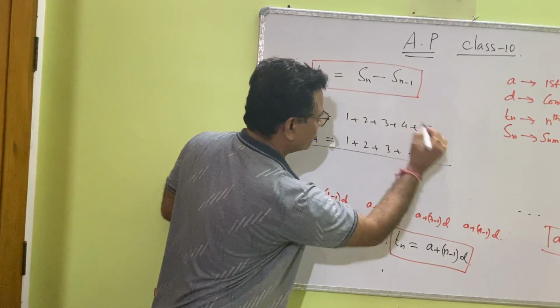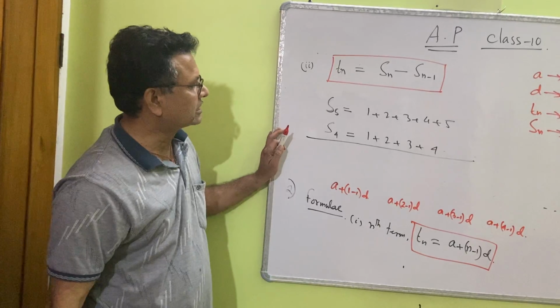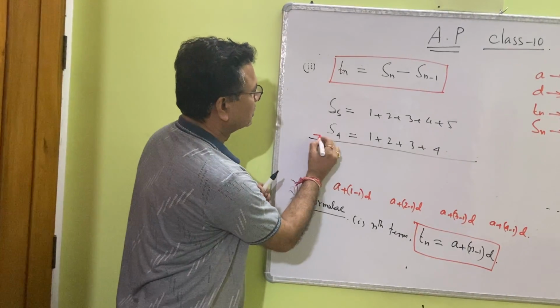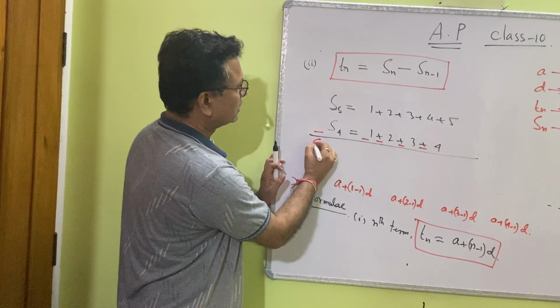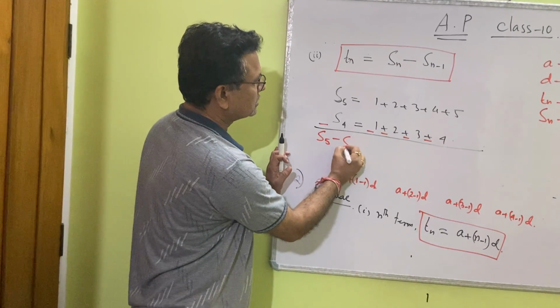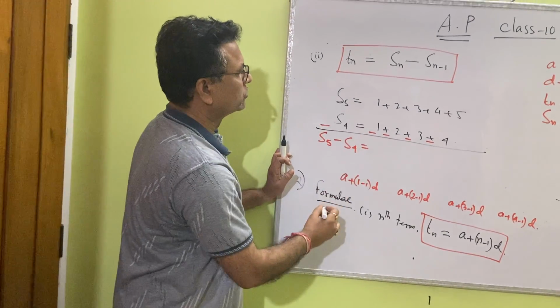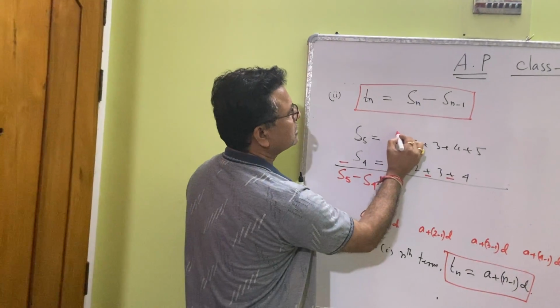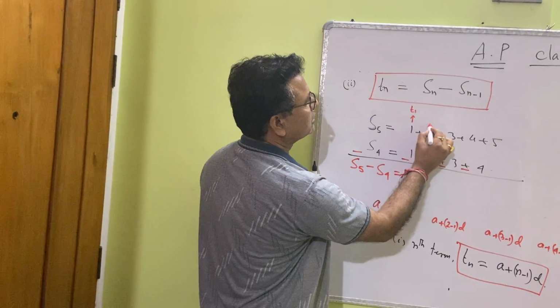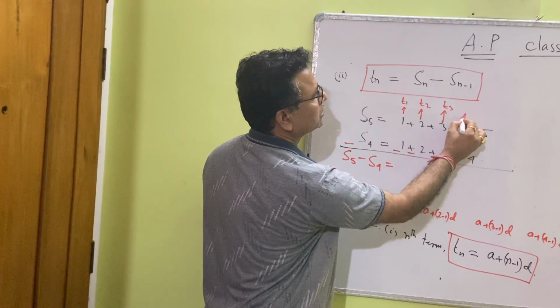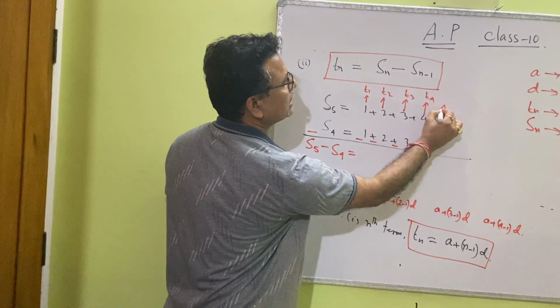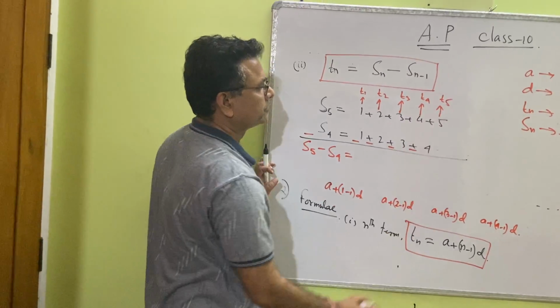Now if I say, okay students, subtract it, so I am subtracting everywhere. Then what will happen? S5 minus S4 is equal to, remember, this is T1, this is T2, this is T3, this is T4, and this is T5.